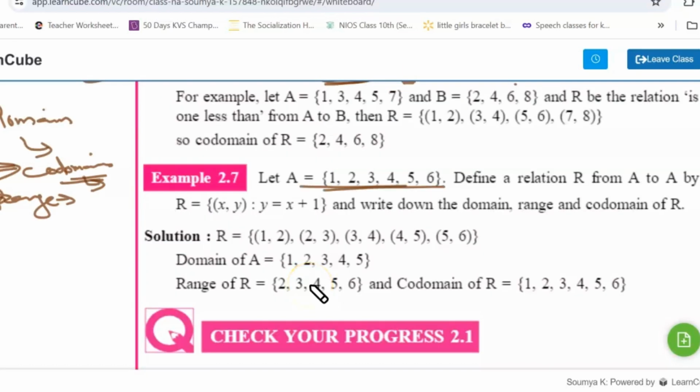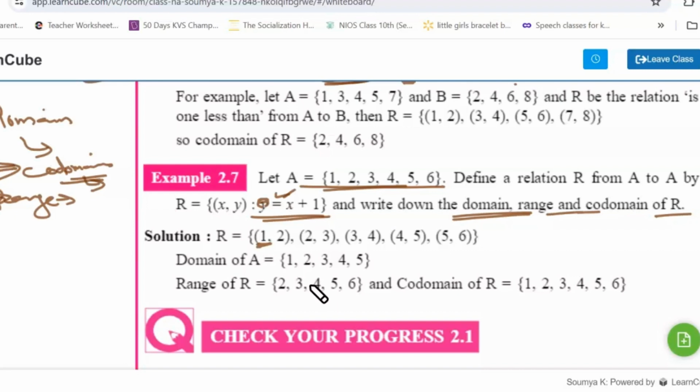Set A has elements 1, 2, 3, 4, 5, 6. Define a relation from A to A where the second elements of the ordered pairs are the elements of A plus 1. Write down the domain, range and codomain. So the resulting pair will be such that the second element is one more than the first element.